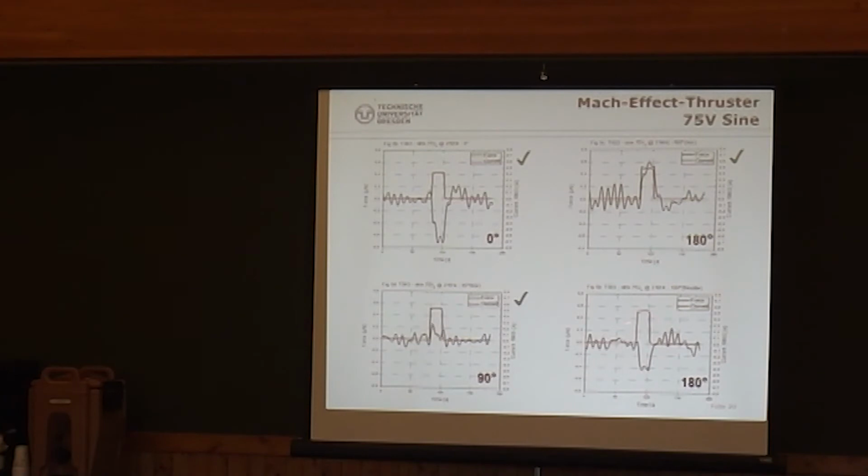Then here we only rotated the thruster: we opened the vacuum chamber and only flipped the thruster, not the box, so the cables were the same as in the first measurement. And we saw the thrust in the same direction as at 0 degree. So that is bad. There's no actual thrust there.